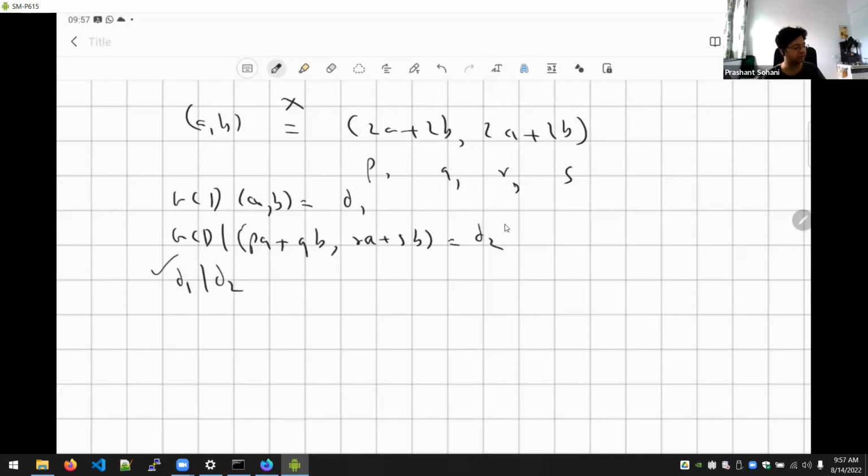So now the only thing I have to check is what is the necessary and sufficient condition such that D2 divides D1. Because if D2 divides D1, then this will imply D1 and D2 are equal.